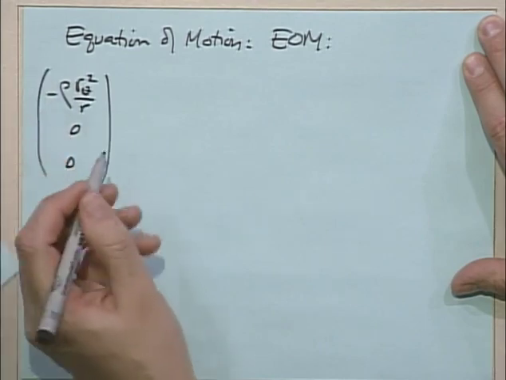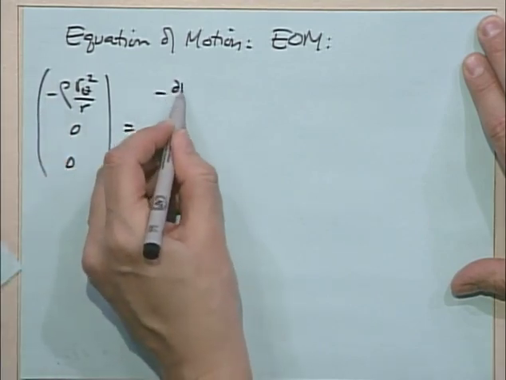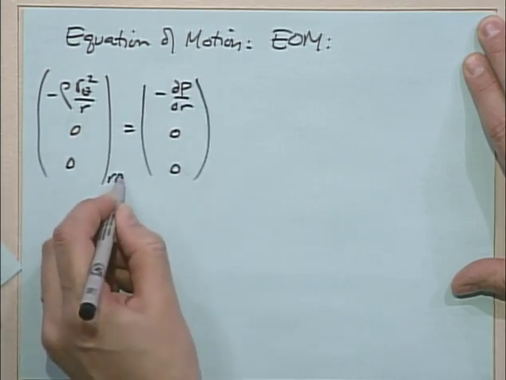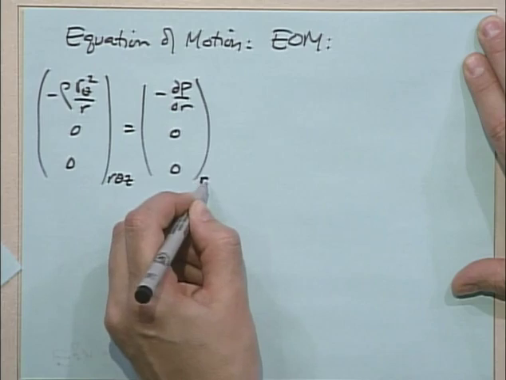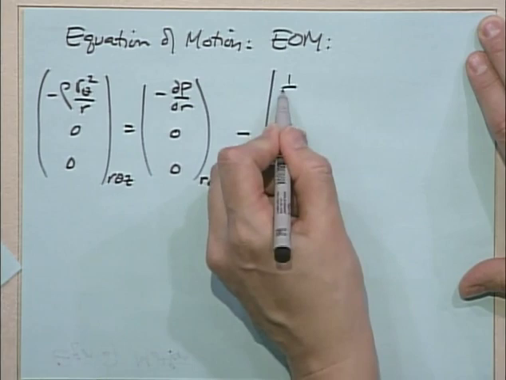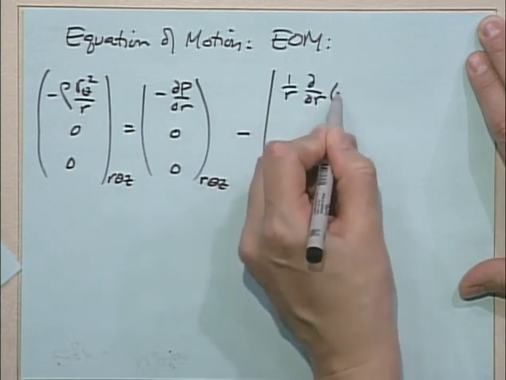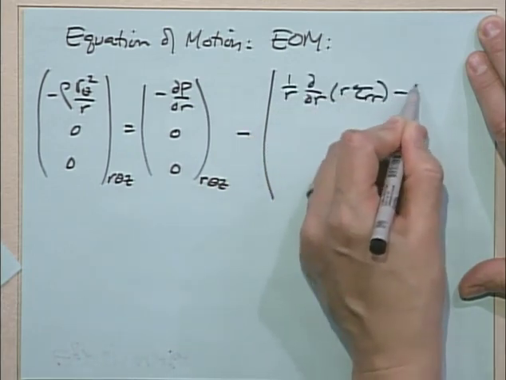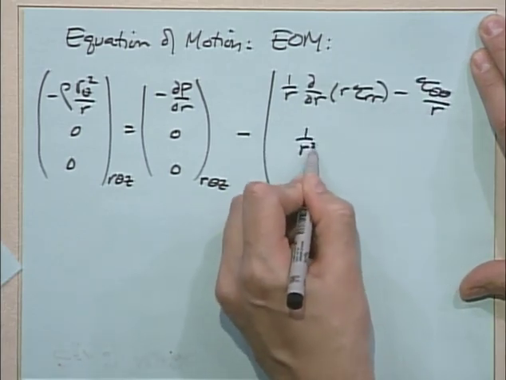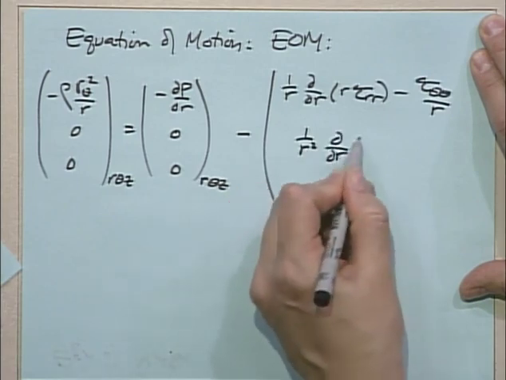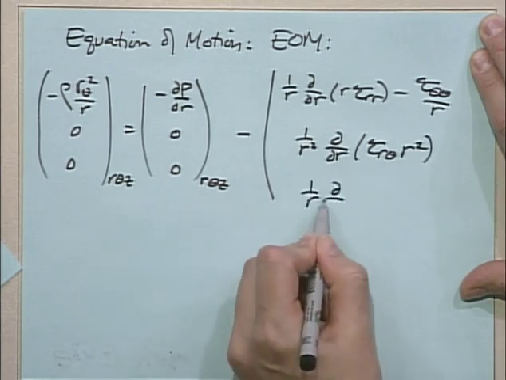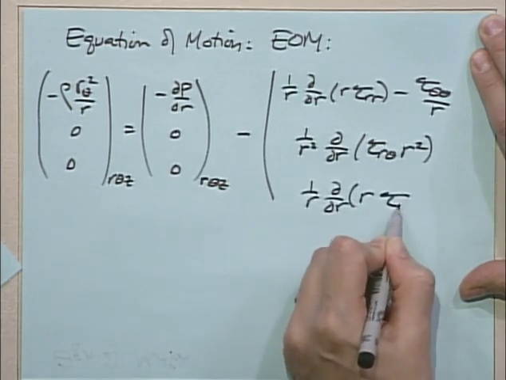That's the left-hand side, equals minus dp/dr, 0, 0. That's the pressure term. And then minus this interesting term: 1 over r d/dr of (r tau rr) minus tau theta theta over r; 1 over r squared d/dr of (tau r theta r squared); 1 over r d/dr of (r tau rz).